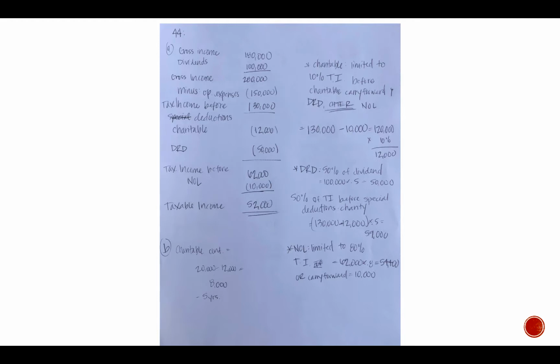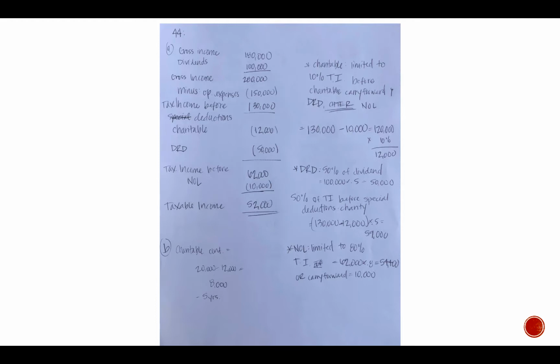So we take this $130,000 minus the $12,000 charitable deduction, multiply that by 50%. That's $59,000. So remember, I take the lesser of the two. The lesser of those two numbers is $50,000. My dividends received deduction is $50,000.